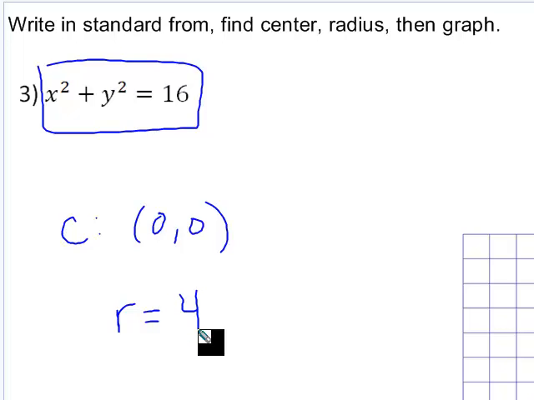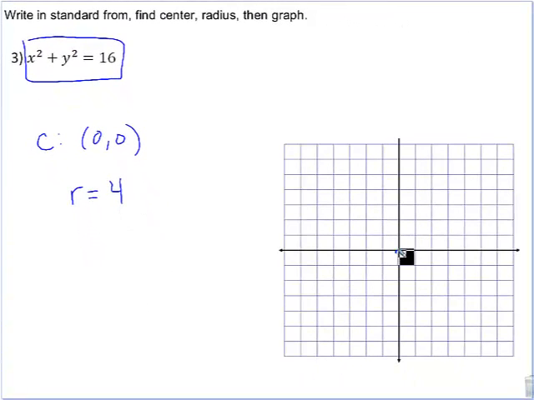Yeah, we have to take the square root of it. So to graph it then, you put your center at 0, 0. Your radius is 4, so you go out 4 in the 4 directions, up, down, left, right. So you go out 4, so 1, 2, 3, 4. 1, 2, 3, 4. 1, 2, 3, 4, and 1, 2, 3, 4.